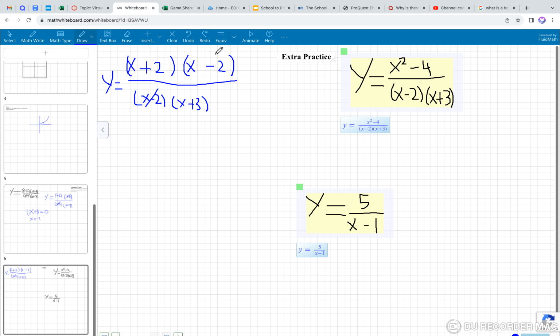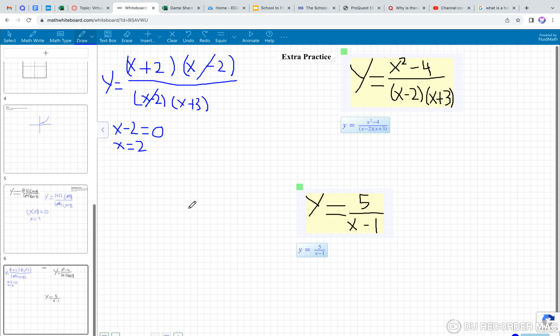So we can cancel those. If we set our canceled term equal to 0, x minus 2 equals 0, we get x equals 2. So there's a hole at x equals 2.